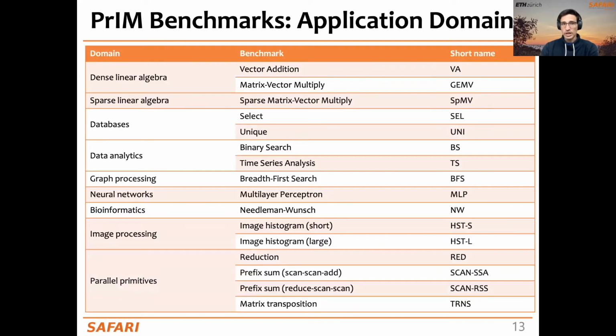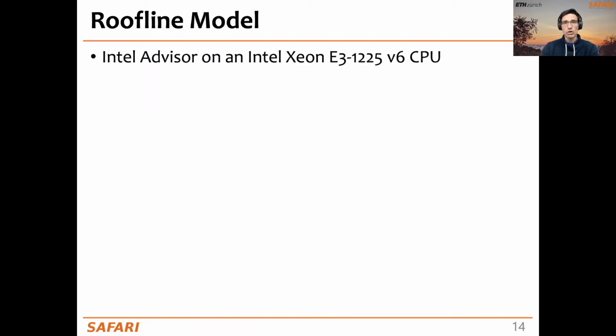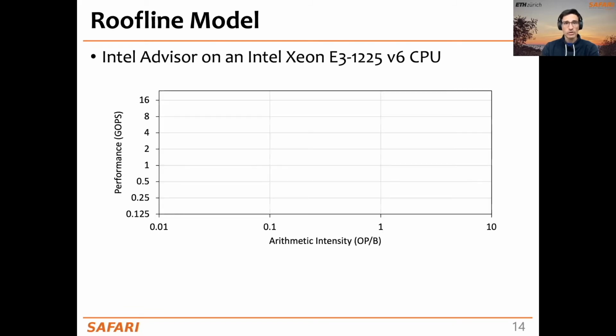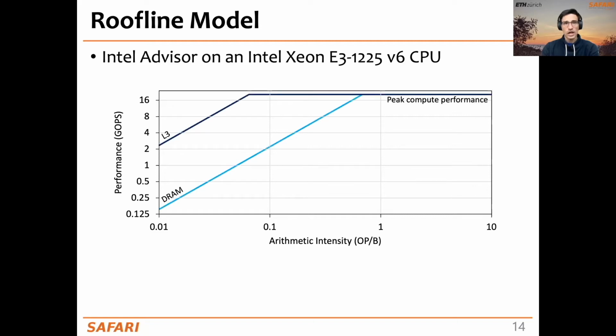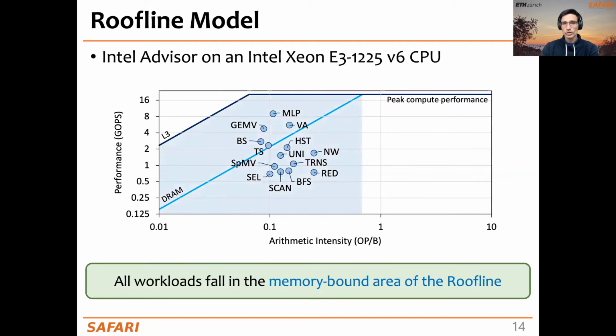These are the application domains and the whole list of PrIM benchmarks in its current shape. We have dense and sparse linear algebra benchmarks, databases, data analytics, graph processing, neural networks, etc. All these workloads can be considered memory-bound in processor-centric systems, and in particular, you can see in this slide the Roofline model obtained with Intel Advisor on an Intel Xeon CPU, and as you can see, all the 14 workloads fall in the memory-bound area of the Roofline.